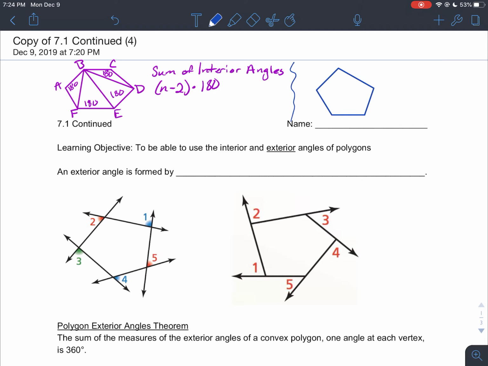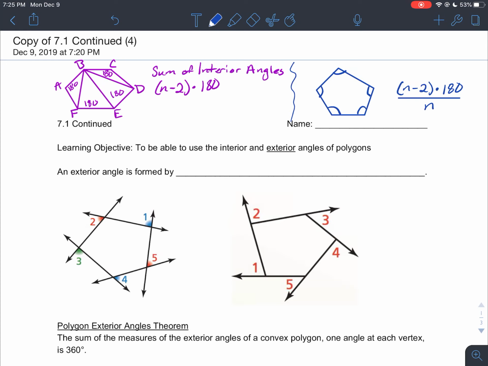But in a regular polygon, all of the angles are the same. So if I wanted to know what each of those angles measures, well, if they're all the same, I'm going to take the sum, that n minus 2 times 180, whatever number that is, and then I just divide it by the number of corners because all the corners are the same.